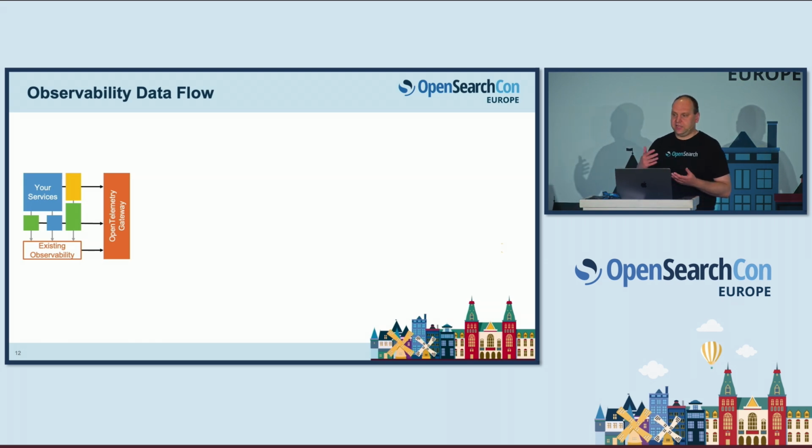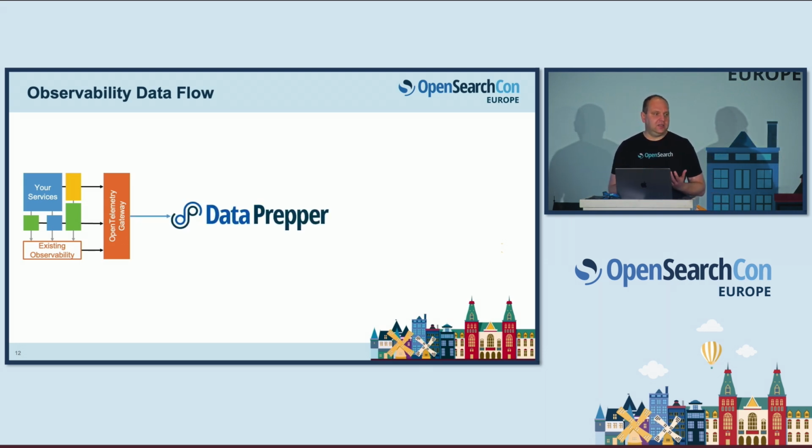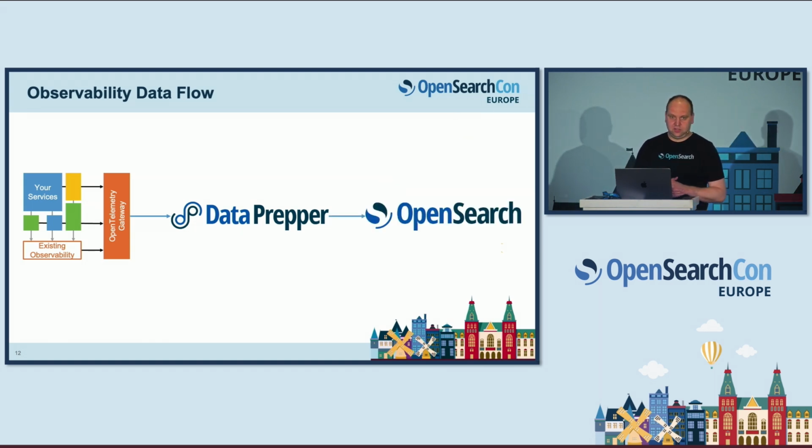So either in the applications directly, or we can tap into the existing observability, we can inject some kind of OpenTelemetry into them. And for us, it's important that there's an OpenTelemetry gateway that takes in all the instrumented data and then forwards it on. And where do we forward it to? Well, in this context, we forward it to Data Prepper. And from Data Prepper, we continue to OpenSearch. And I will show how all of this works.